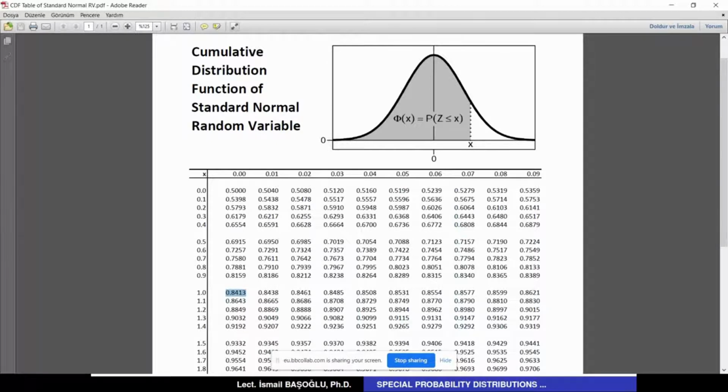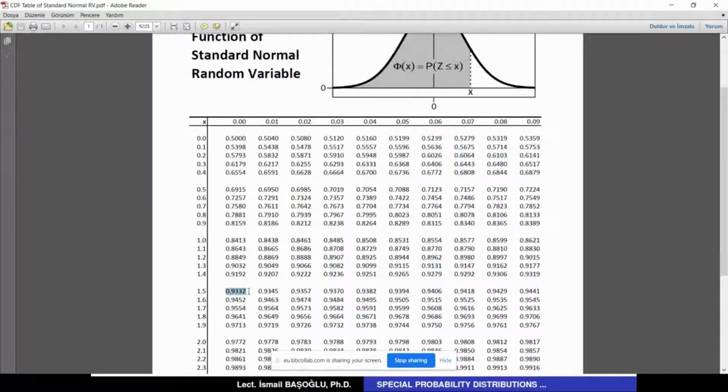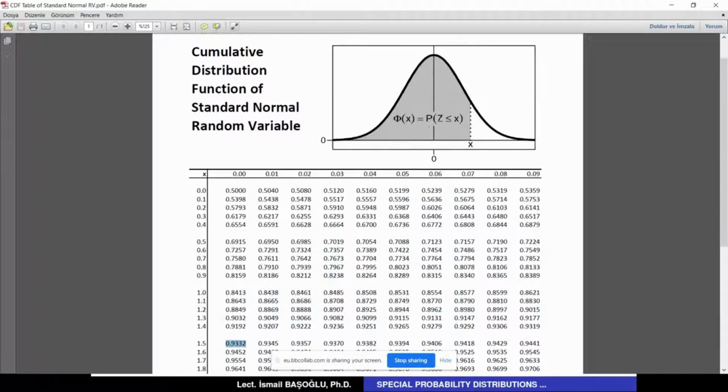Let's just say we are interested in calculating the probability of Z being less than or equal to 1.5. It is here. If you're interested in calculating the probability of Z being less than or equal to 1.05, then the probability of interest is 0.8531.